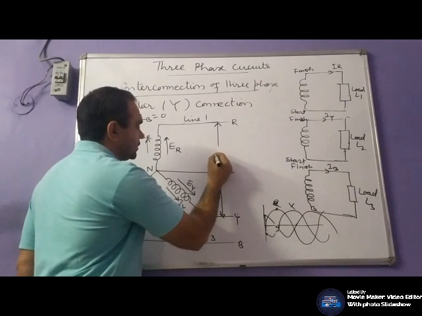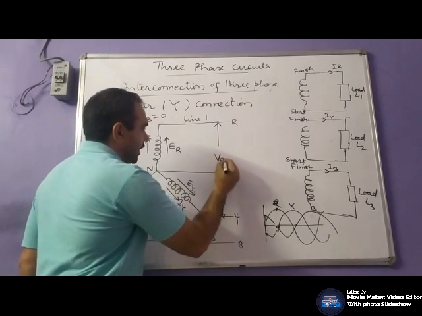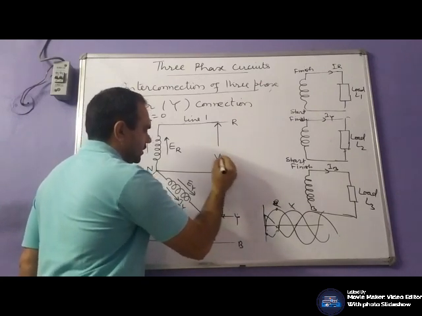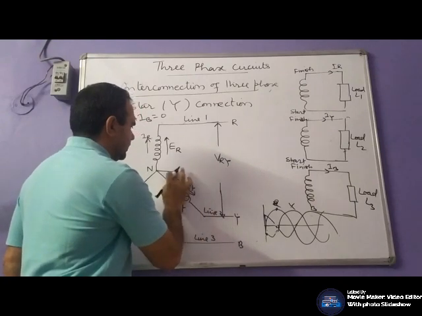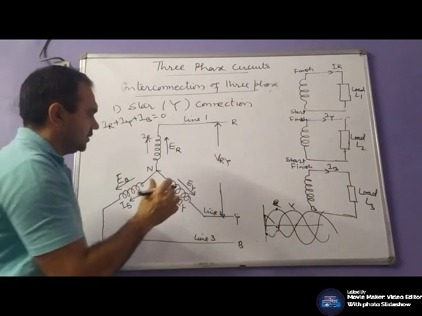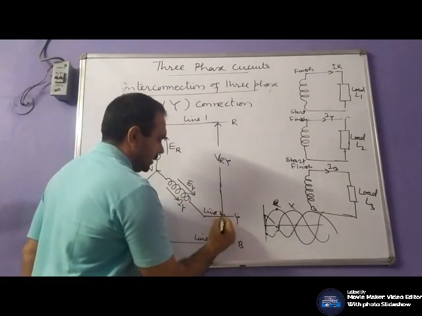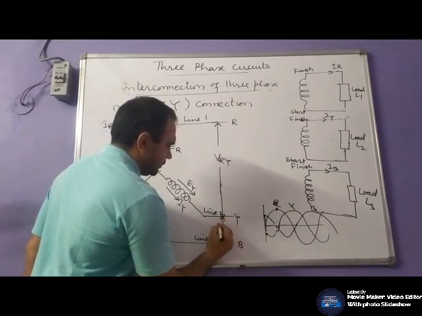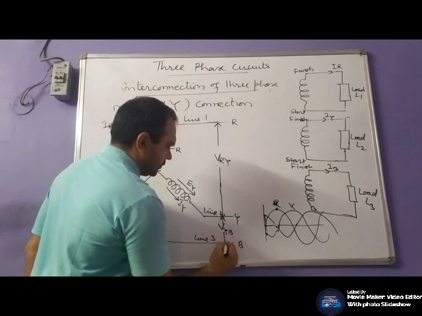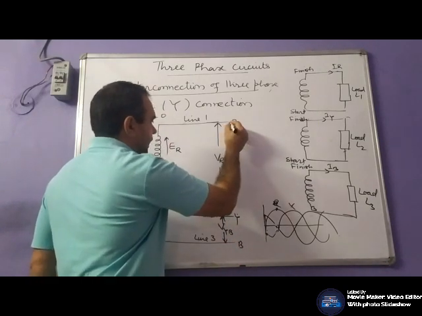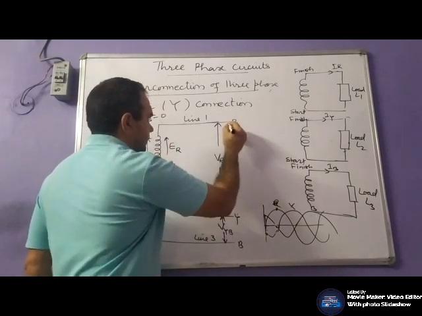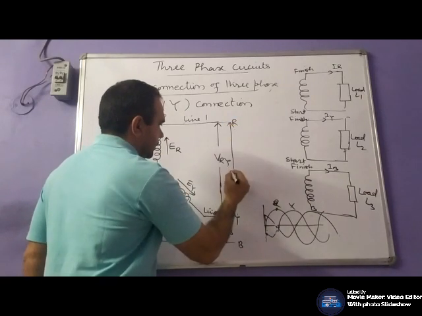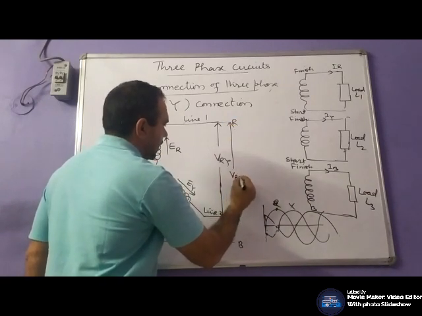Here the voltage is VRY, and we can remove this also, VYB and VBR.